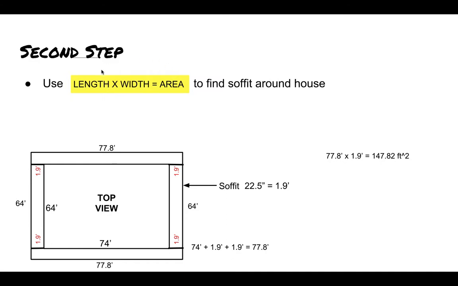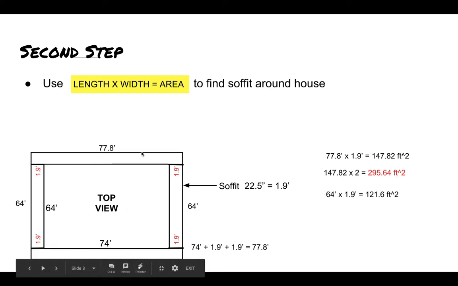Now we use the equation. 77.8 feet times 1.9 feet gives us 147.82 square feet. And as I mentioned earlier, we will do times 2 to shorten our work, which gives us a total of 295.64 square feet for the top and bottom sides.